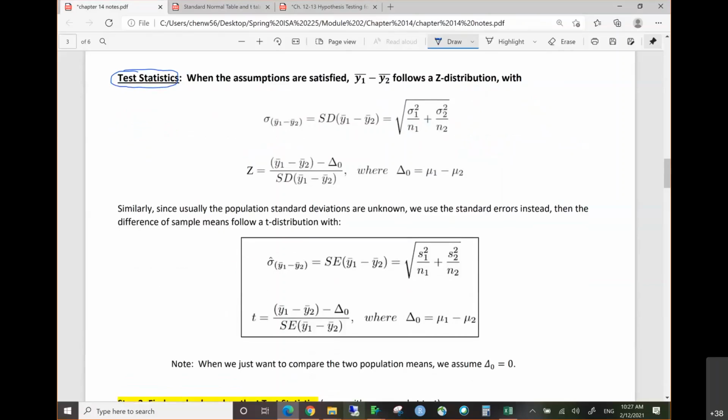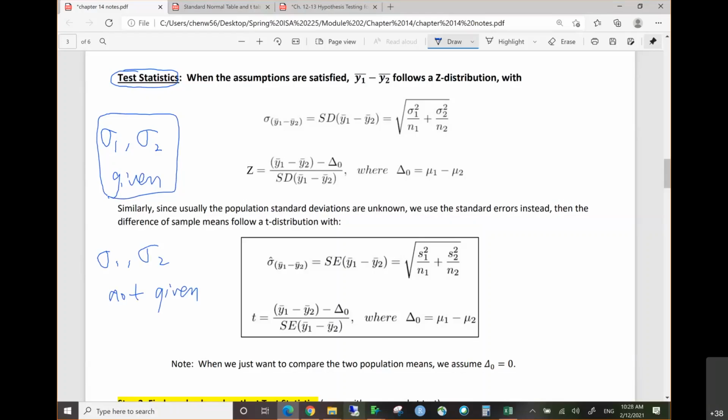If sigma 1 and sigma 2, the population standard deviation for population 1 and for population 2, are both given, then we'll have the z-test statistics. If either of these two is not given, or both are not given, then you have the t-test statistics, the same idea.